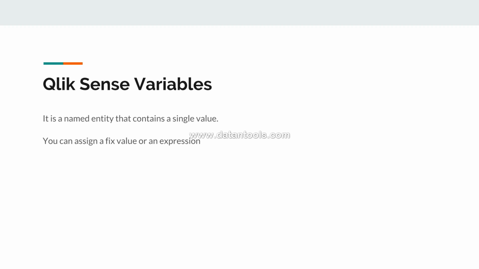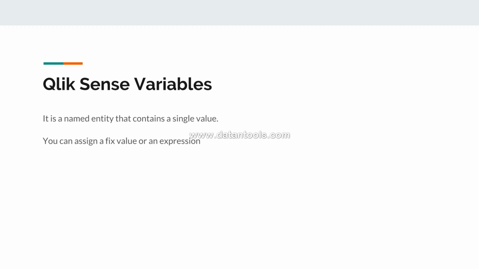Either there will be a fixed value, for example, a name or a numerical value, or an expression like sum of sales, average sales, or a big expression like the set analysis that we had discussed in the previous videos, where it contains a lot of information about how you want to create an expression within the visualization.